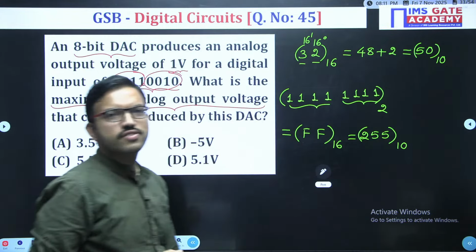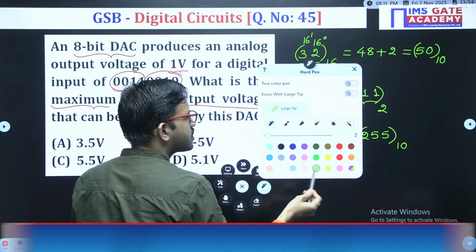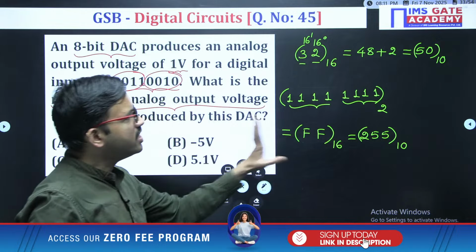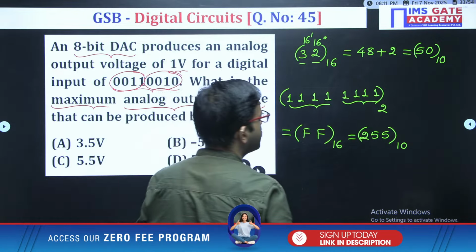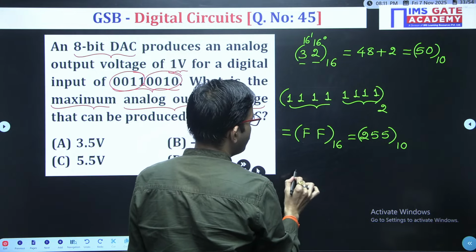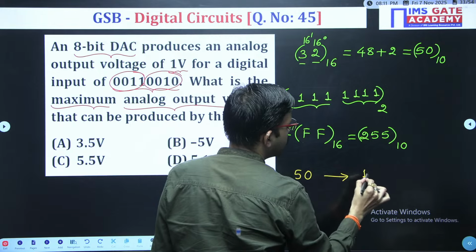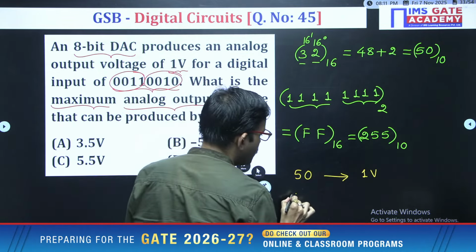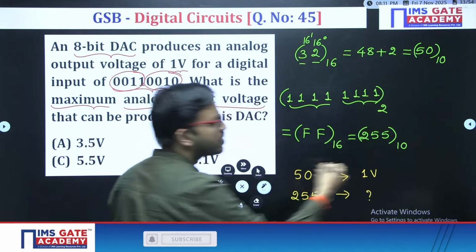Now the logic is very simple. Up to here, to get the equivalent decimal, it may take time, but once you got this much, after that the question is nothing. See, very simple. When you are having 50, for 50 you are getting output voltage 1 volt, correct? Now the question is, for 255 how much are you getting? That's all. Just do the cross multiplication.